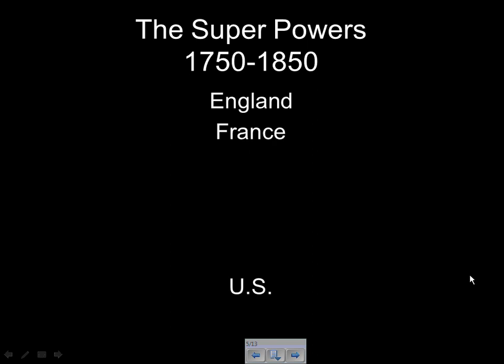Later on, in the next century, England will surpass France, largely because the effects of the French Revolution will help weaken France, and England is gaining ground and surpassing France because of the Industrial Revolution advantages that England had. And we also start to see the United States emerge into the story, particularly in the 1770s, as I mentioned, when it becomes a new nation.